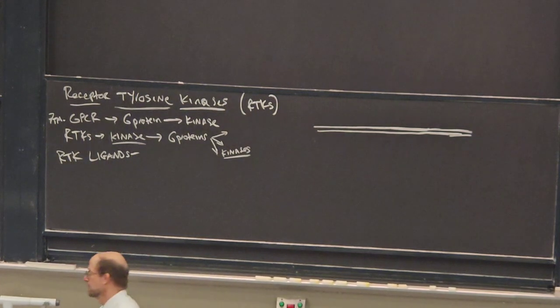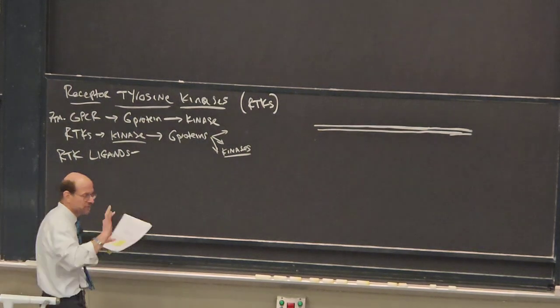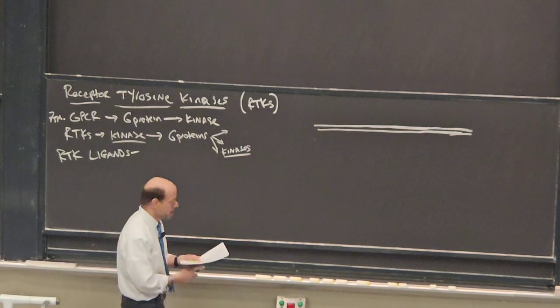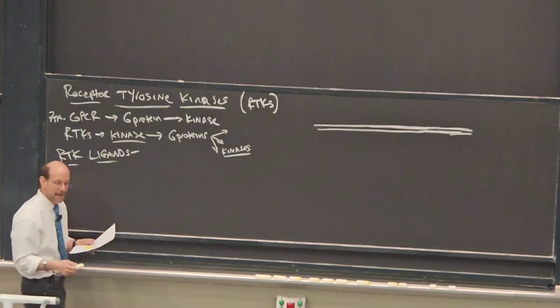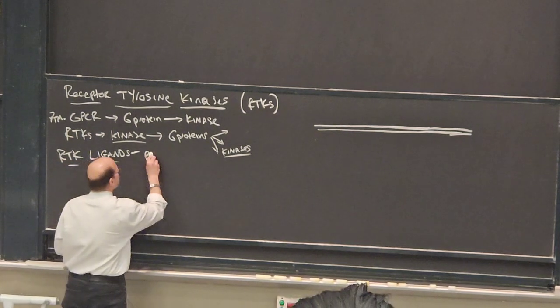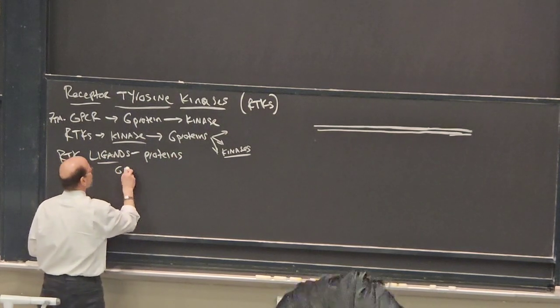It can be opiates, it can be neosynephrine, it can be odorant molecules that you smell. It can even, believe it or not, work through photons, through a rhodopsin in your eye. But RTK ligands in general tend themselves to be proteins, and in general, they are growth factors.